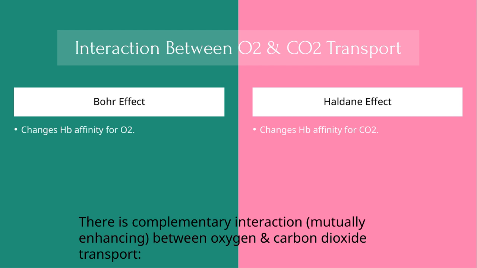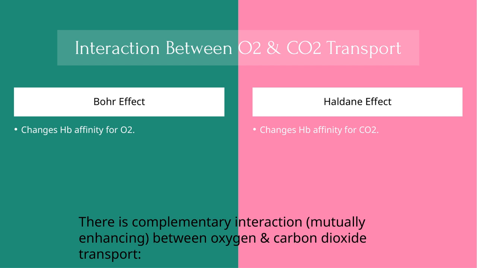Next, there's the Haldane effect, which is essentially the opposite process. When oxygen binds to hemoglobin in the lungs, it causes hemoglobin to release carbon dioxide more easily. Conversely, in tissues, as oxygen unloads, hemoglobin's capacity to carry CO2 increases, facilitating its transport back to the lungs.